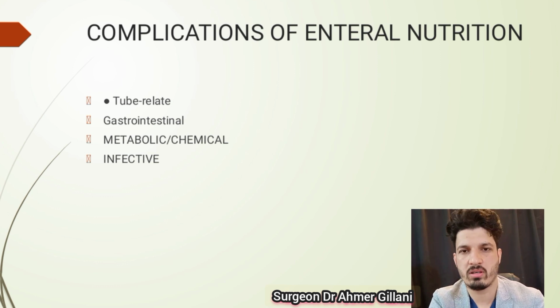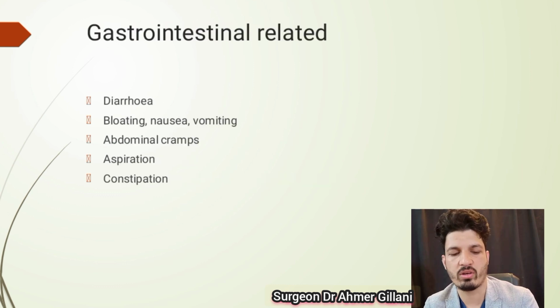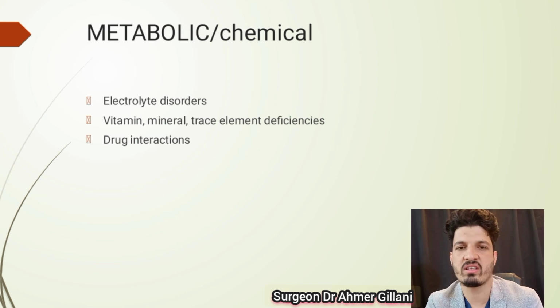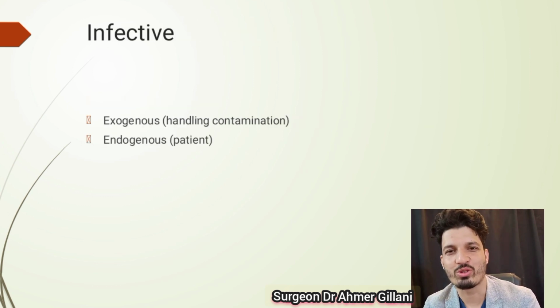Tube related complications are there, then GIT related complications are there, then metabolic or chemical complications like electrolyte disorders, vitamin, mineral, trace element deficiencies are there, drug interactions are there, and infective, it might be exogenous, it might be endogenous.